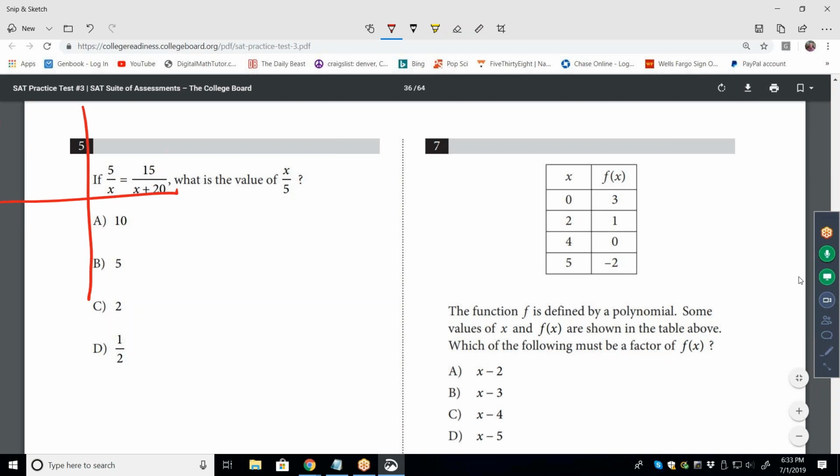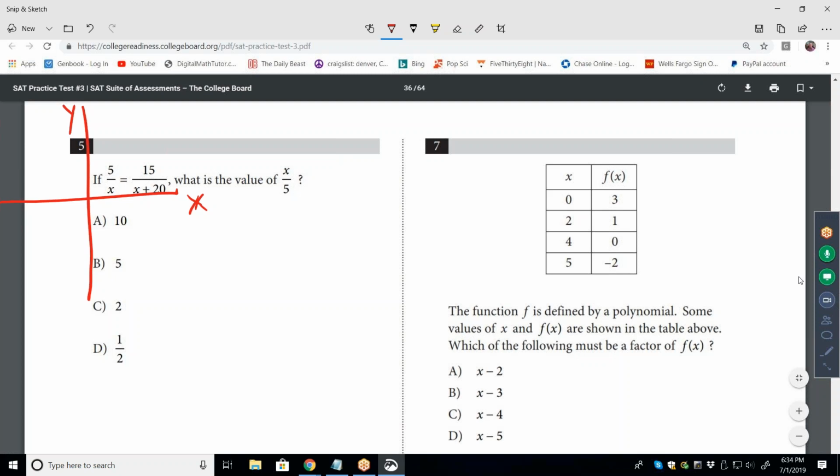What's the first point that I can put on there? It's another word for f of x. Y. Y is the same thing as f of x.